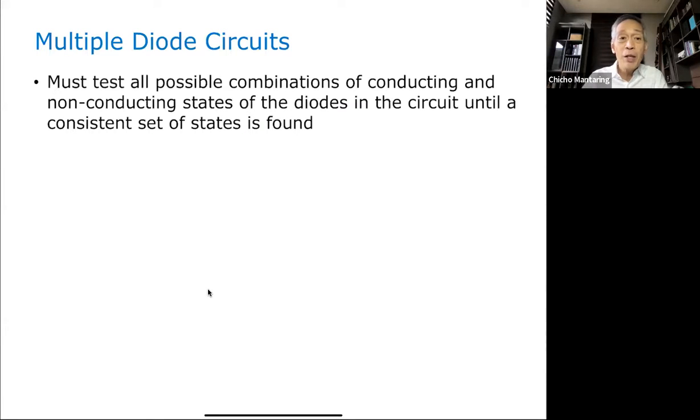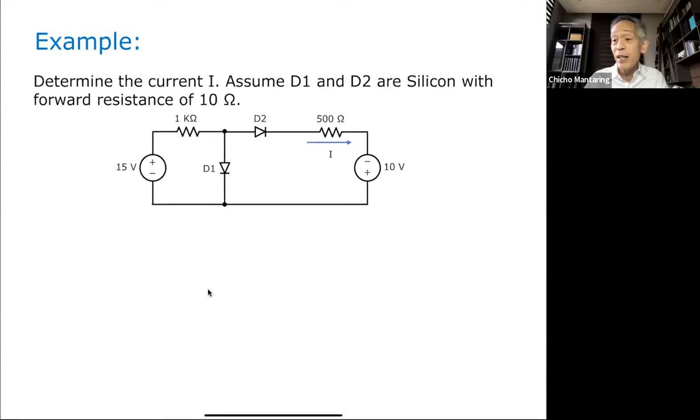So the best way for me to explain the process is through an example. Here I have a 2 diode circuit. What I want to do is determine the current I. I assume that D1 and D2 are silicon with a forward resistance of 10 ohms. So anong implication nito?